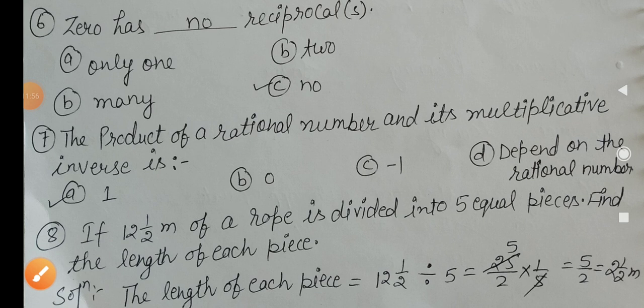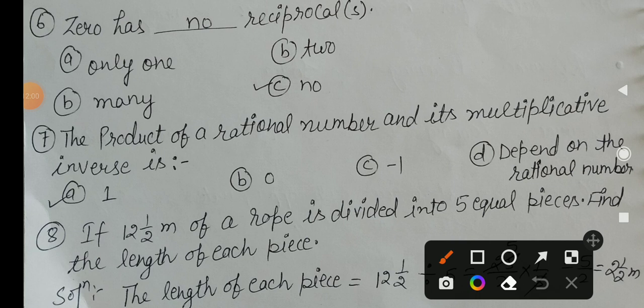The next question is the product of a rational number and its multiplicative inverse. Suppose the rational value is 1/2.